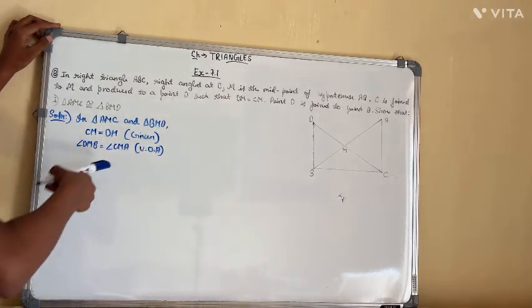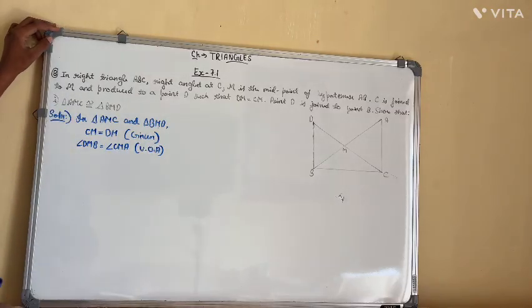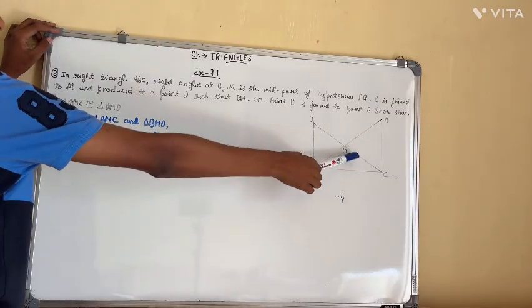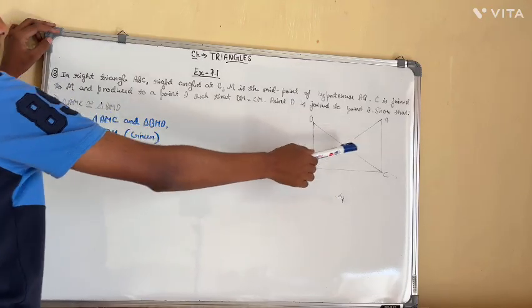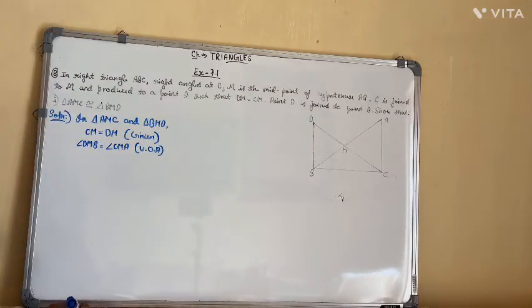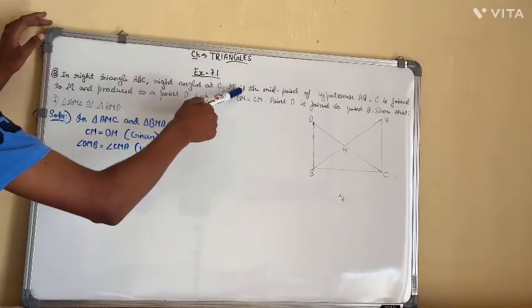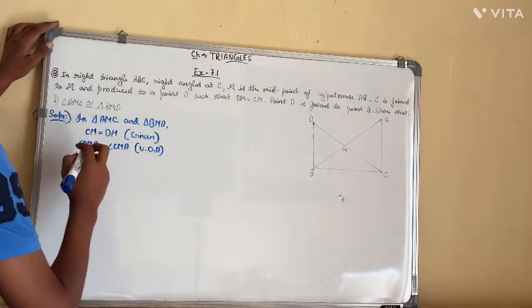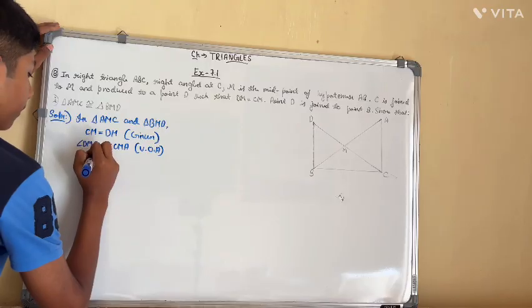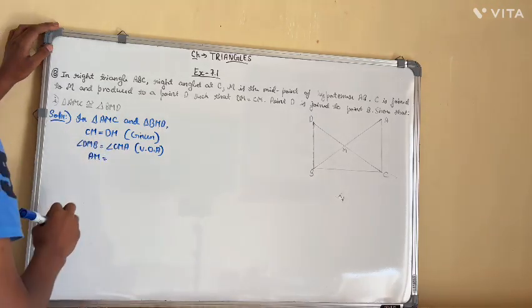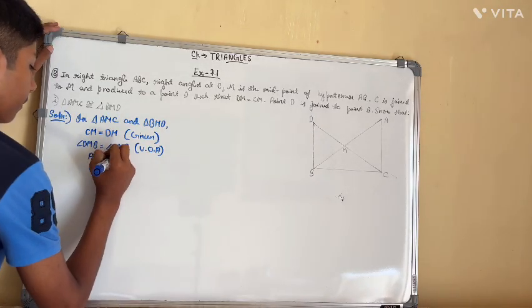I am writing in short form. You can write fully vertically opposite angles. Now side is there, angle is there. If we prove this side also, AM is equal to MB. Here you know M is the midpoint of hypotenuse AB. So we can write that AM is equal to BM.